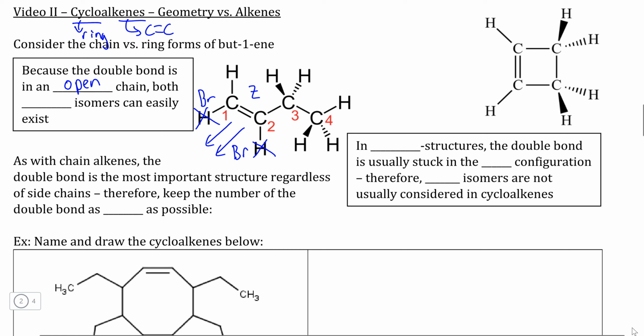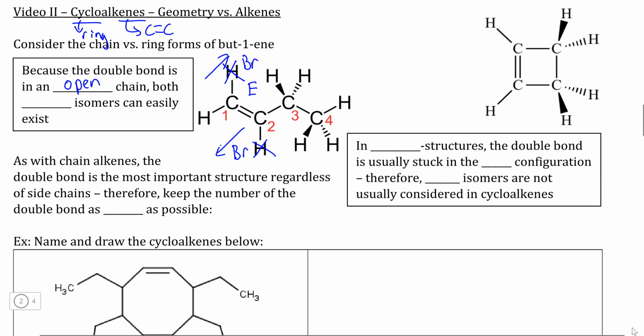But because this is an open chain, because carbon 4 is not attached to carbon 1 in a ring structure, if we wanted to modify this and get the E form, we could do that relatively easily just by breaking the bromine off of this location and replacing this hydrogen with the bromine here, and then we have the E form because the two bromine substitutions are now on opposite sides.